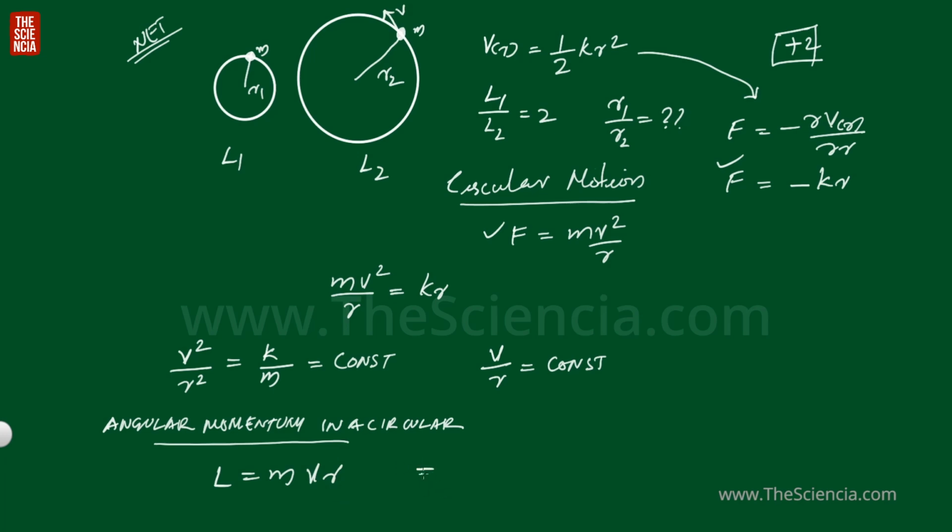So from this equation I can write for v, that is v will be equal to L by mr. Now I am dividing this v by r, so I get v by r equal to constant, so that is equal to L by mr square. So this is equal to a constant.